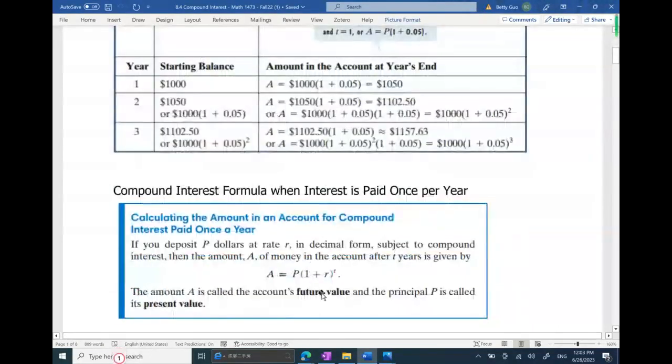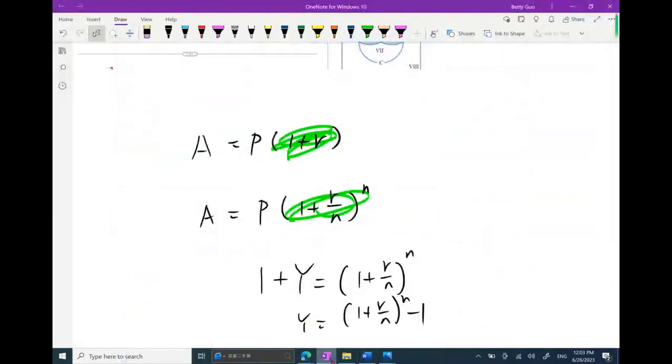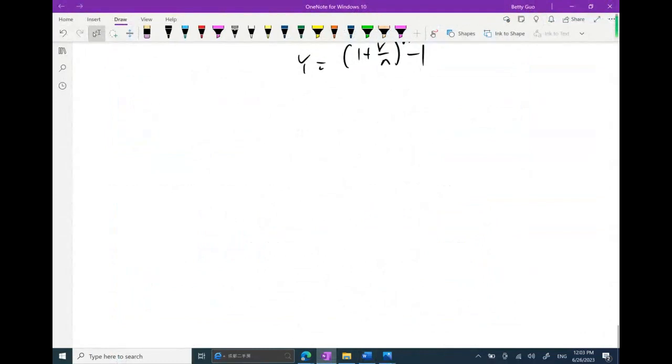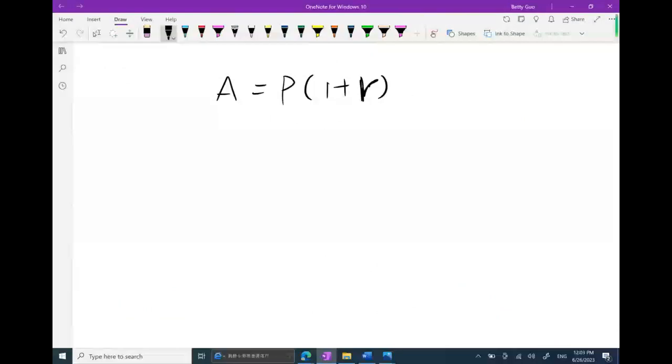So let me derive the formula for compound interest very quickly. We don't have to spend too much time. You might remember this formula from the previous video when we talked about simple interest. Simple interest I equals P times R times T. A is the future value of the loan.